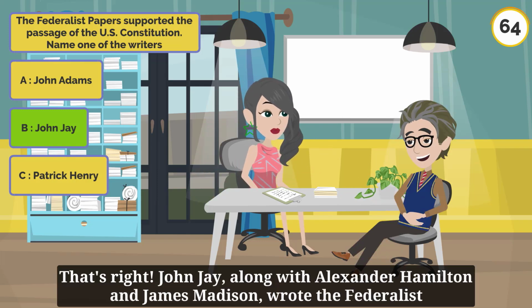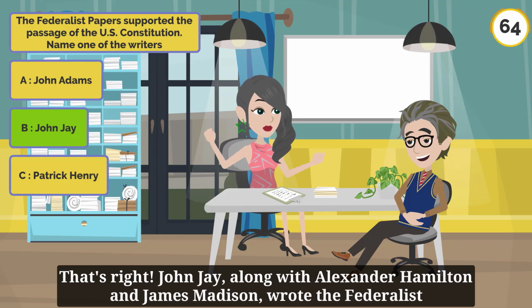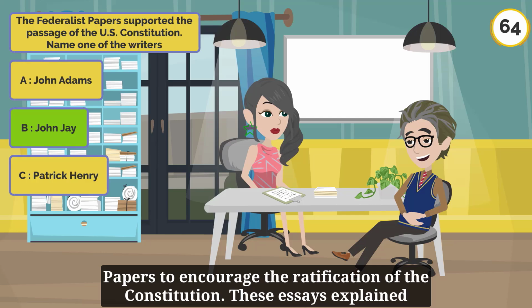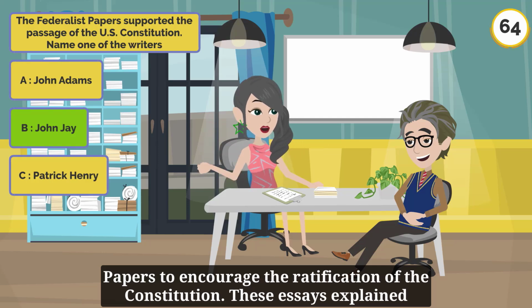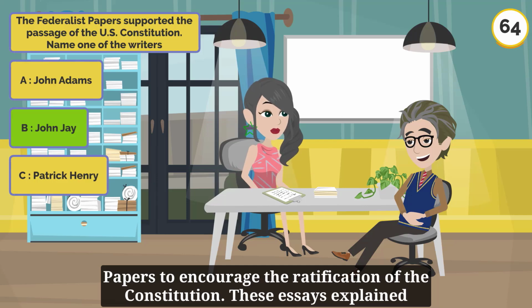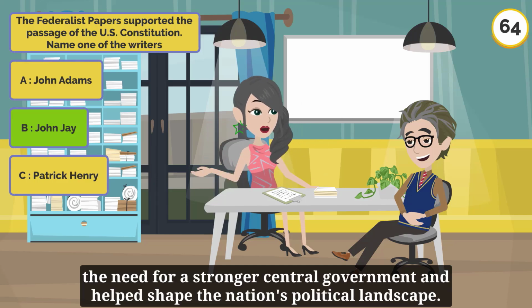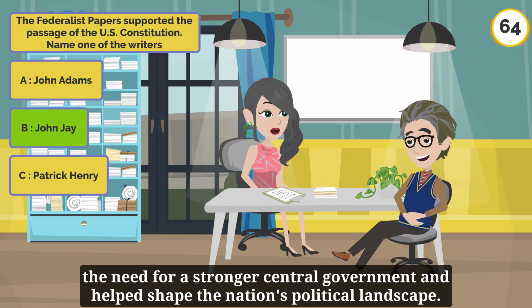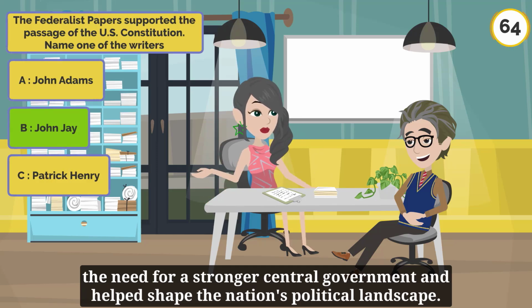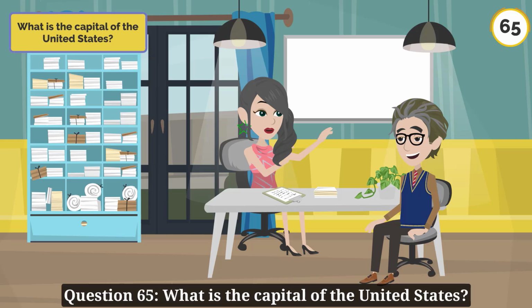John Jay, along with Alexander Hamilton and James Madison, wrote the Federalist Papers to encourage the ratification of the Constitution. These essays explain the need for a stronger central government and helped shape the nation's political landscape.